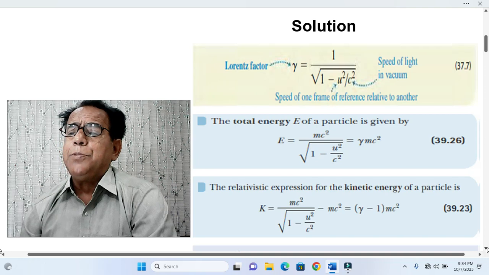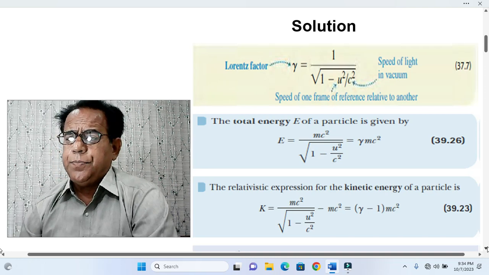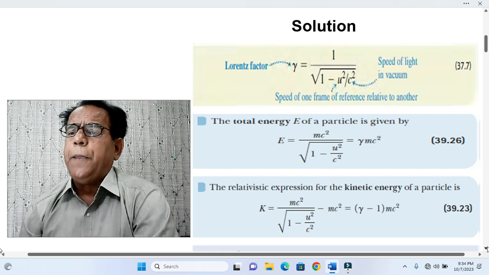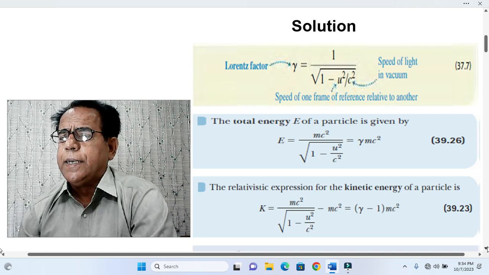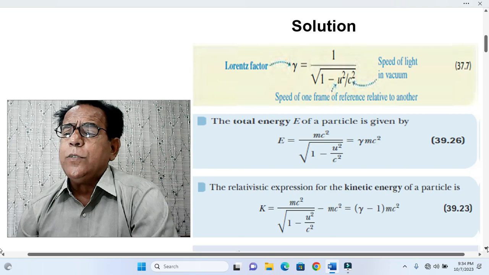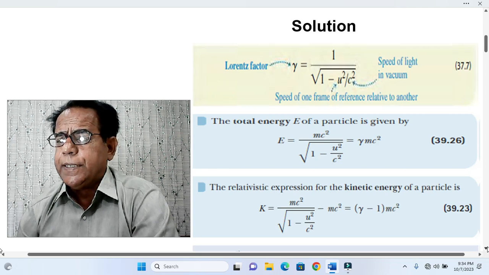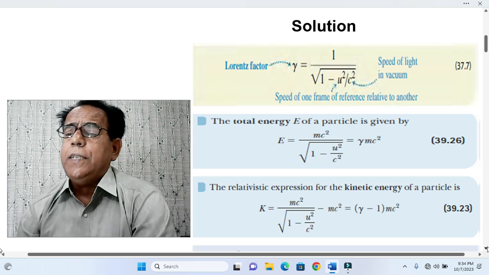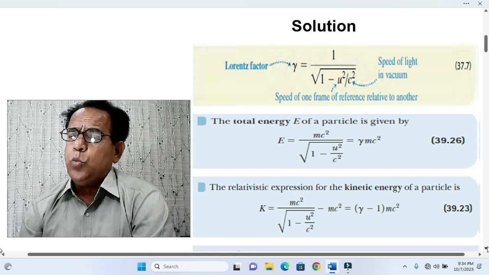In the third snapshot, we discuss kinetic energy. The relativistic expression for the kinetic energy of a particle is K equal to mc square over under root 1 minus u square over c square minus mc square, and this can alternatively be written as (gamma minus 1) into mc square.